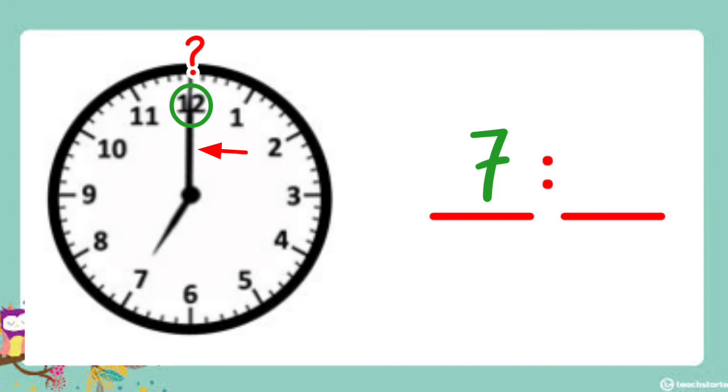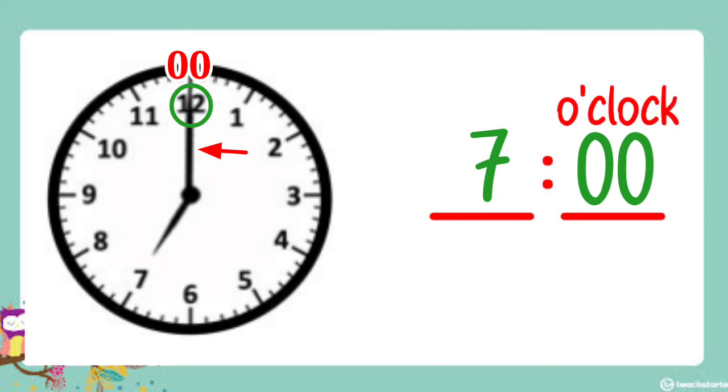What is the equivalent of 12 for the minutes? It is 0. So the time is this. How do you read this? It's 7 o'clock. You don't say 7:0. That's a no-no. Zeros should be replaced with the word o'clock in reading the time.